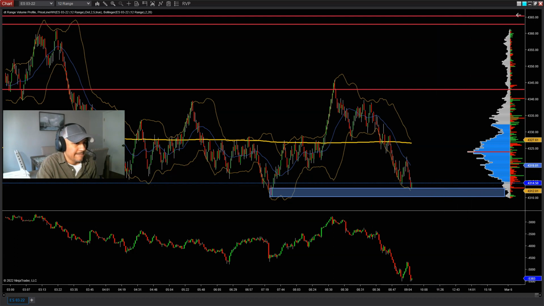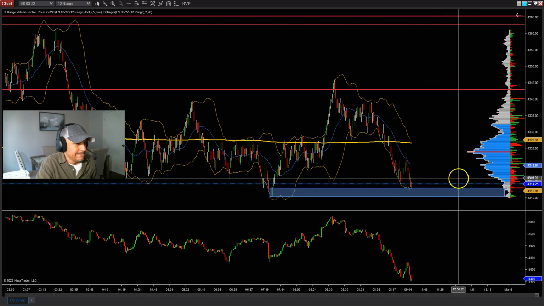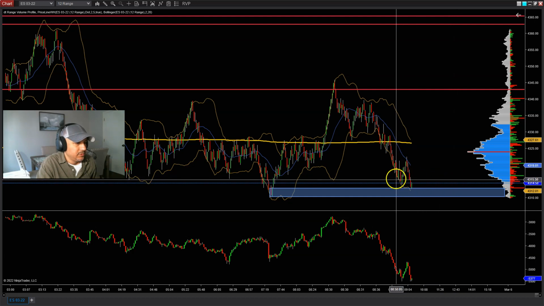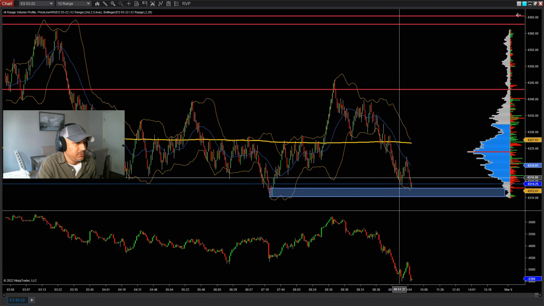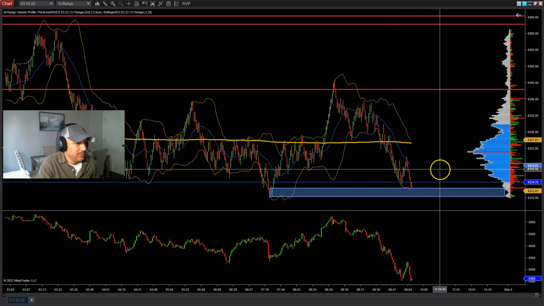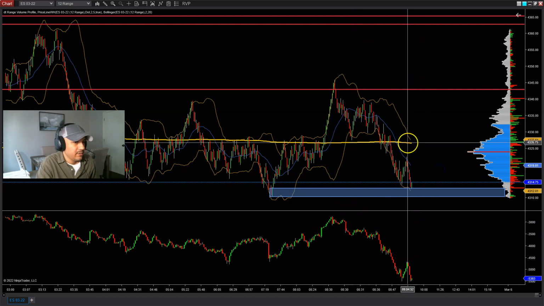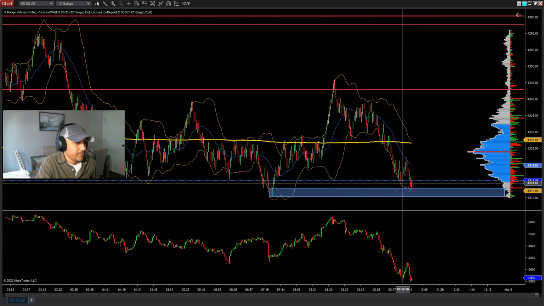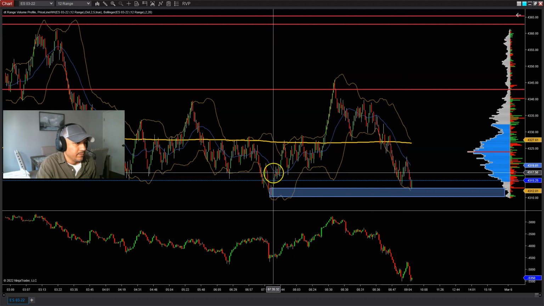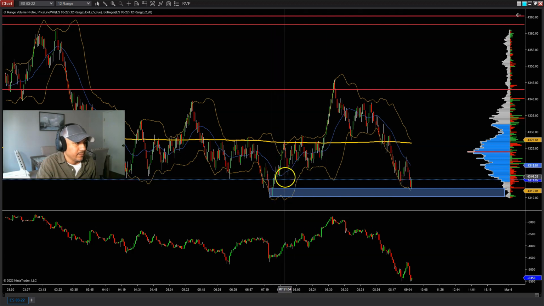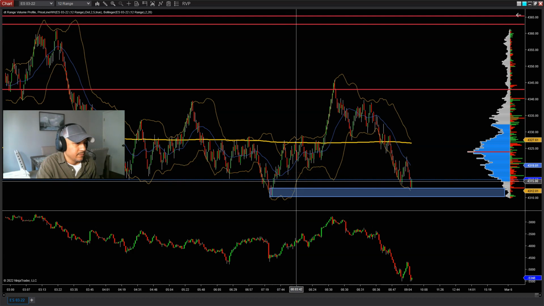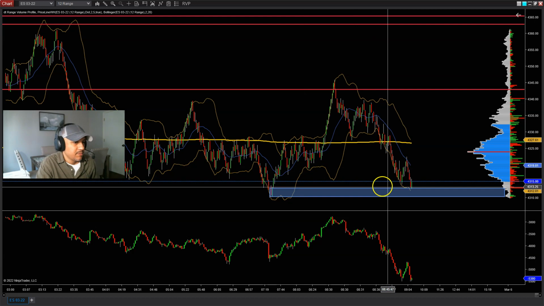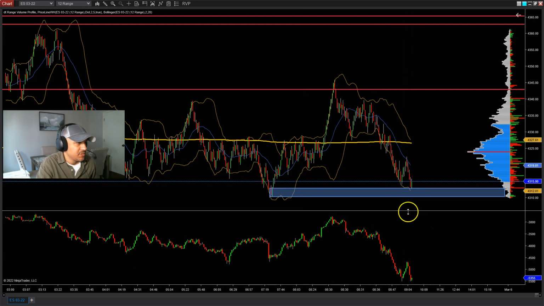Yeah, be careful here. Be careful. I'm just gonna hold off right now, because the market could reject in this area and keep pushing lower.